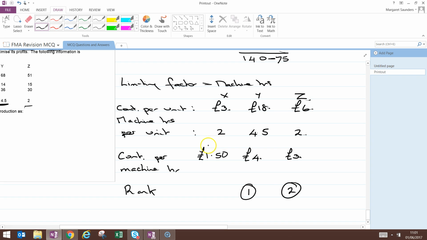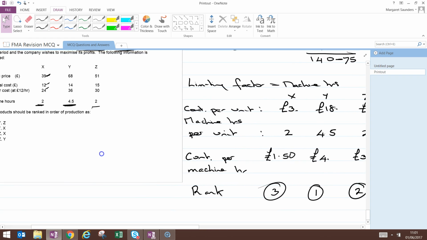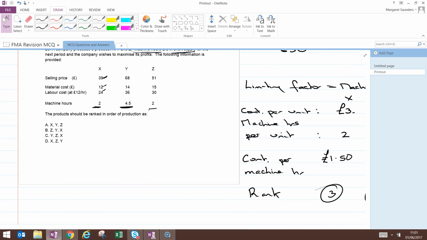And finally, if we still had some machine hours left over, we would do product X. So our order of production is Y, number 2 is Z, 3 is X. So Y, Z, X. So if we look at our choices, we're looking for Y, Z, X as the order, which is answer C. So that's the order of production to aim to maximize the profits.